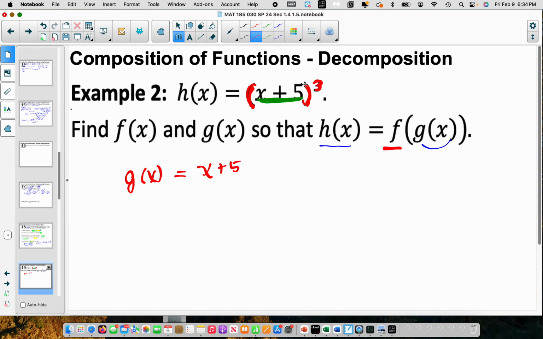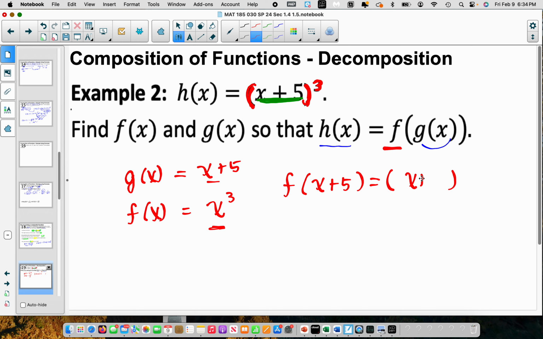And then my outside function, f of x, is equal to x cubed. We can try to evaluate that. If g of x is x plus 5, f of x plus 5 is equal to, everywhere I see an x, I'm going to put an x plus 5, cubed. So that works out.